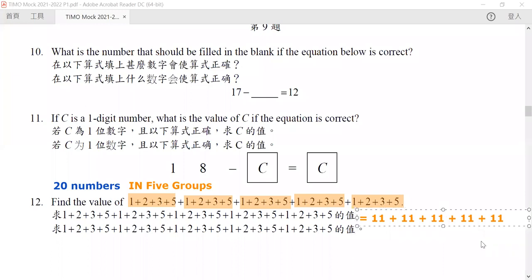But we know that for adding 5 elevens, the answer will be equal to 55, because you can add the tens digits together: 1 plus 1 plus 1 plus 1 plus 1 is equal to 5. And then you can add the unit digits together: 1 plus 1 plus 1 plus 1 plus 1 is again equal to 5. So you will get an answer which is equal to 55.